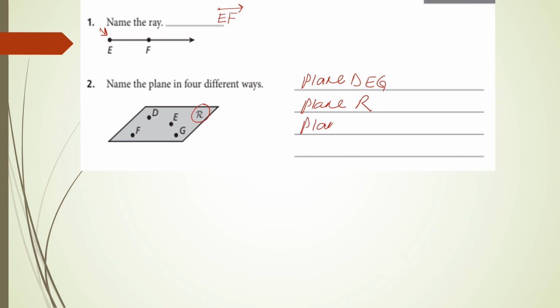Even you can name it as plane EGF, EGFD, or DEGF, or you can write it as plane GEFD. So you can name it with as many points as there are. Just write the name of the points, and before the points write plane, and this R is the name of the whole plane. That's why I wrote it as plane R.